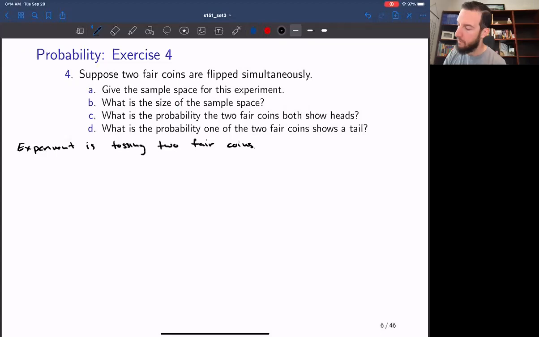All right, now in part A, we're being asked to give the sample space. So the sample space is a list of everything that can occur when you toss the two coins.